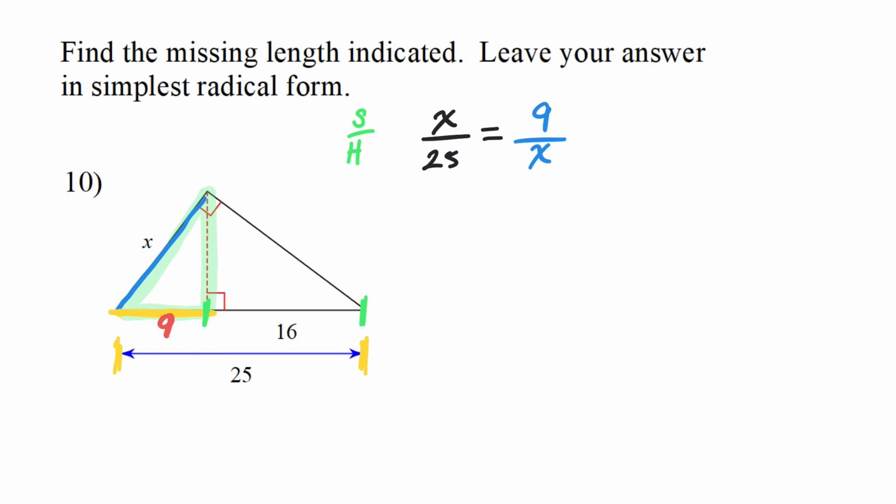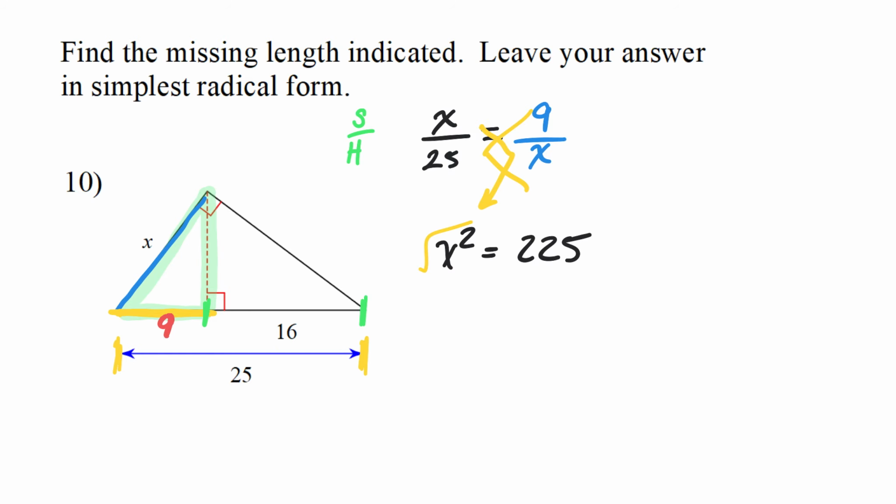So now we have our corresponding parts. We can cross multiply our values. So we have x times x, which is x squared. 25 times 9 is 225.